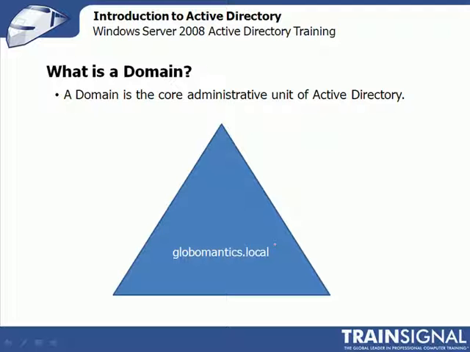And when you see different charts, different network diagrams showing domains within Active Directory, they should be represented as triangles. They're not always. I have seen circles and things like that, but they should be triangles. And then the name that I have here, globalmantics.local, is of course the first domain that we will be creating in this course.